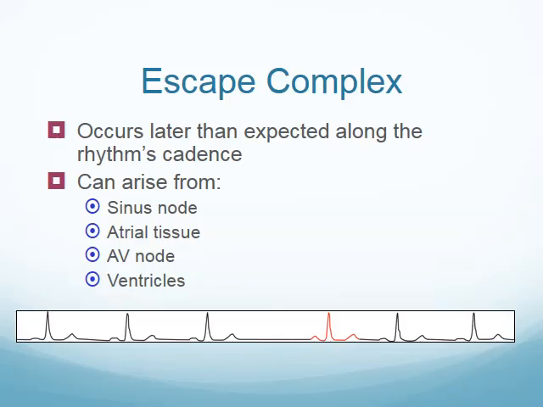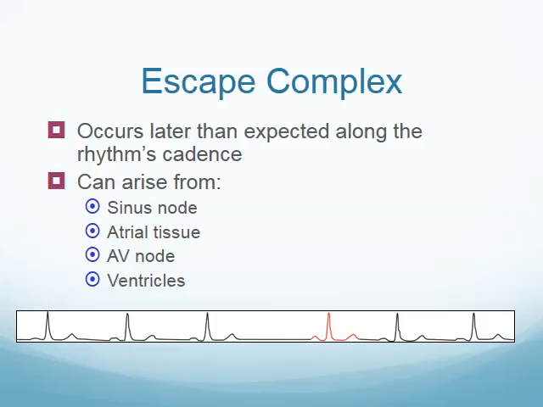Okay. Now we're going to talk about escape complexes. What these are is a complex that occurs from an absence of the pacemaker providing the normal stimulus that it's supposed to. So if the sinus node fails to fire for a given length of time, we are going to see an escape complex from somewhere to reestablish the heart rhythm.